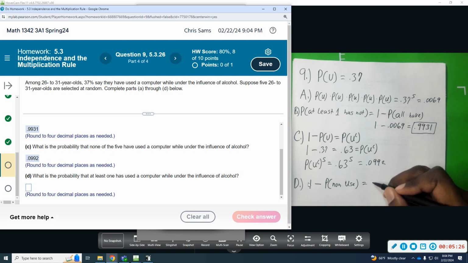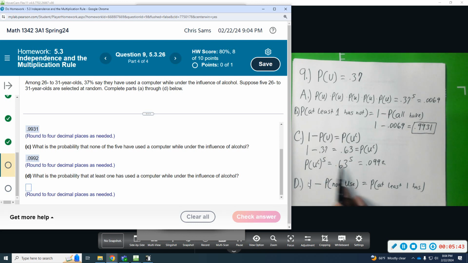It's going to equal the probability that at least one has. All right, so 1 minus none of them have used it. This is the case that none of them has used it, so we're going to do 1 minus 0.0992, and that will give us 0.9008, that at least one of them has used under the influence.